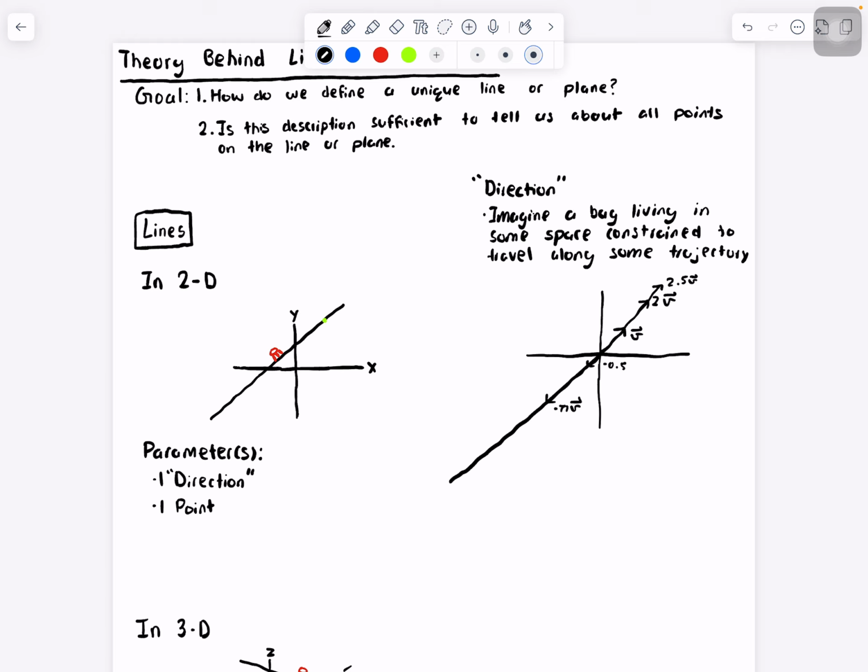All possible linear combinations. So how do we write that mathematically? We can say let C be any constant, so that's any number you so wish, and then just times vector v. And I'm saying let C be any number. C is an element of R. That's all possible linear combinations.